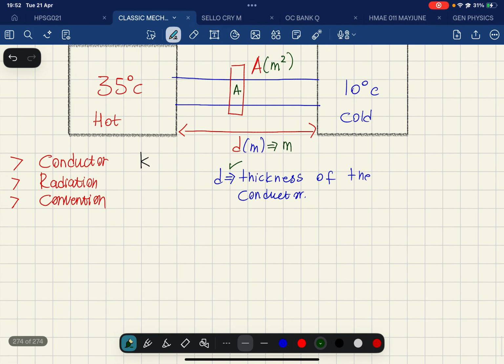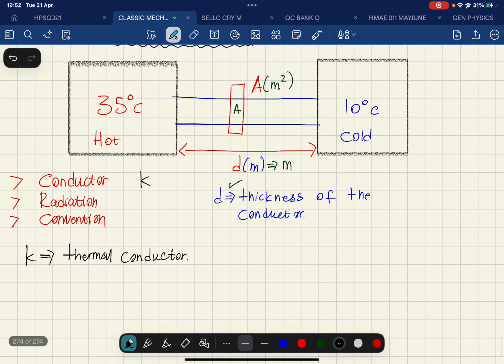So how can we calculate K? K, remember, is our thermal conductivity. So how can I calculate it?